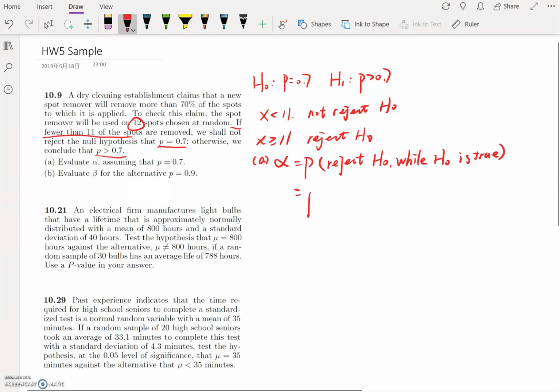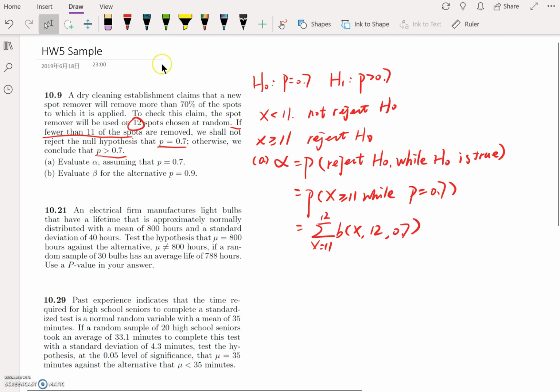So this equals the probability of rejecting H0, that's x greater than or equal to 11, while H0 is true, so p equals 0.7. It's a binomial distribution, so we can just use the binomial CDF function. So it's x equals 11, then 12, binomial with 12 trials, and the probability is 0.7.